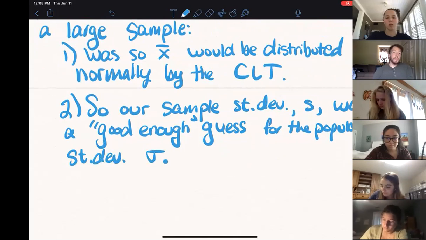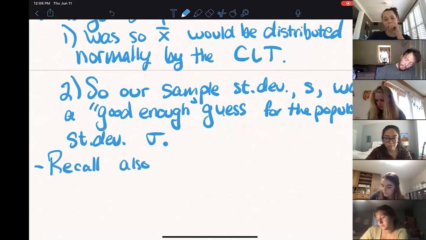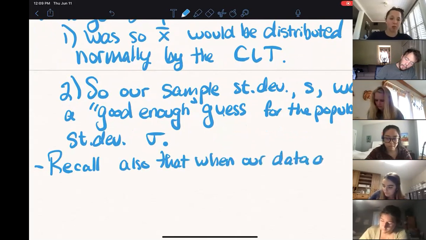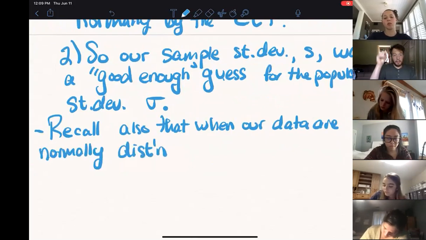Okay, so these were the two reasons we needed a large enough sample. And I want to remind us, recall also, that when our data are normally distributed, so not x bar being normally distributed, but the sample itself, if we took a sample and it looked like that sample had a bell shape, if it had a normal distribution, or I'm going to say, nearly normal.